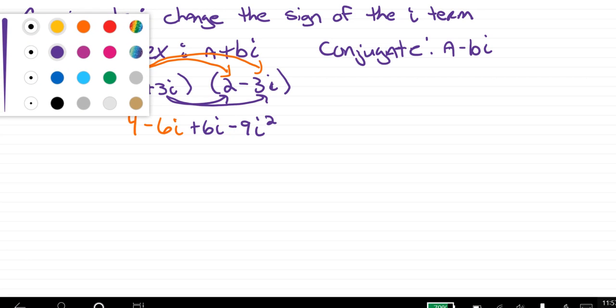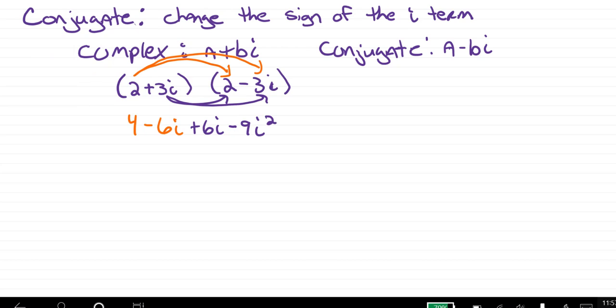Now, the reason, again, we do this conjugate is when we're trying to get rid of the i term, I should say, not the i squared term. Because these middle terms will cancel, plus 6i minus 6i are gone, and we'll be left with 4 minus 9i squared.